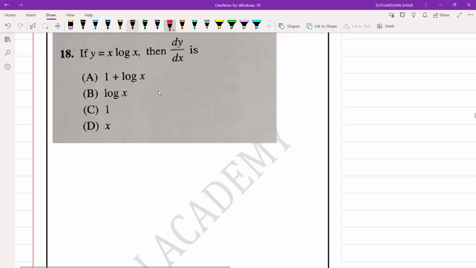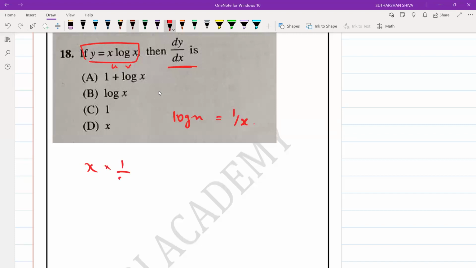Now, question number 18. Another easy question. When y is equal to x log x, it is in the form of uv. Then what is dy by dx they are asking? Simply, we keep the x and differentiate log x. Log x differentiation is 1 by x.